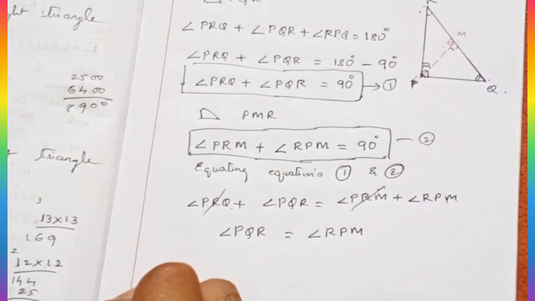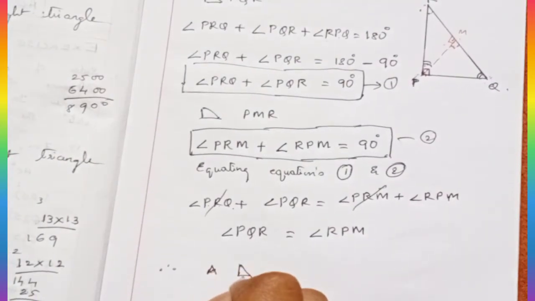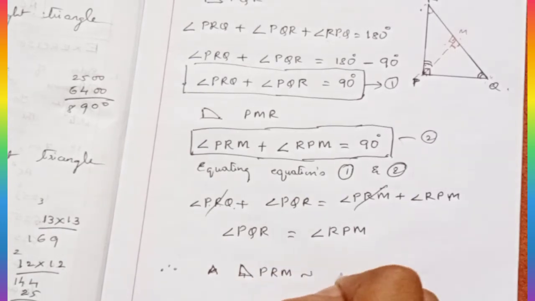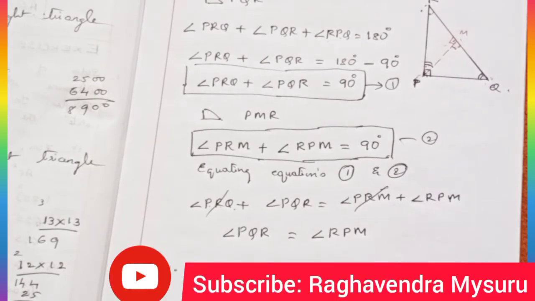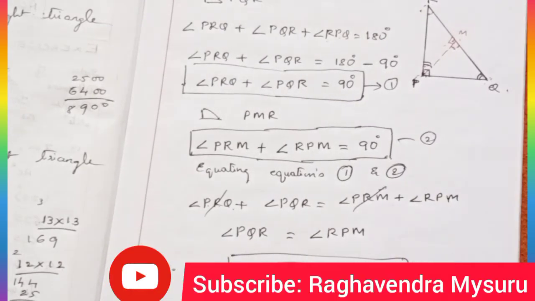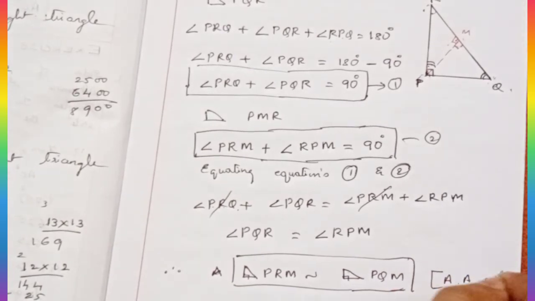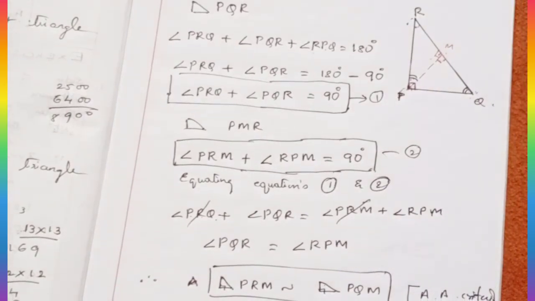Therefore, by keeping this, we can write triangle PRM is similar to triangle PQM by AA criteria. If these two triangles are similar, we can go for their corresponding sides ratio.